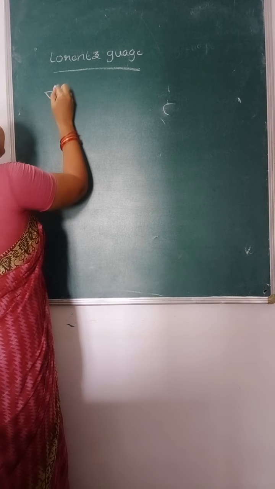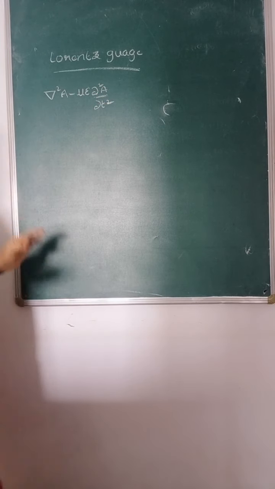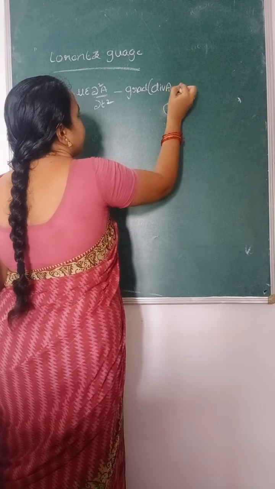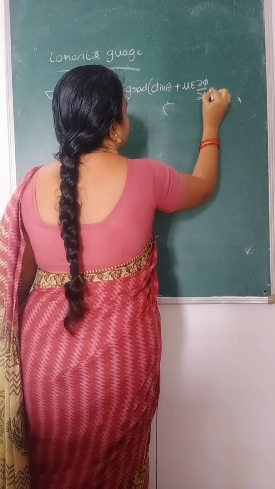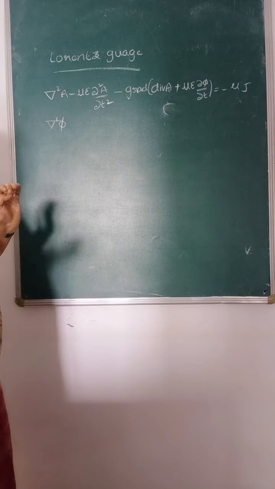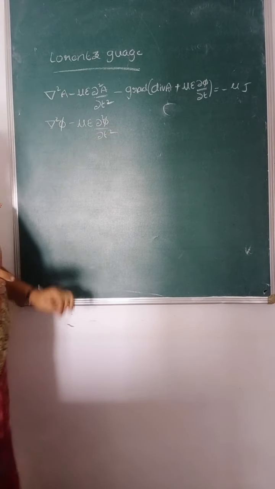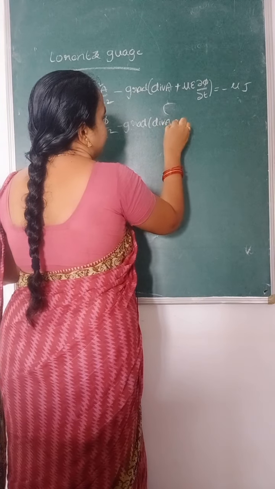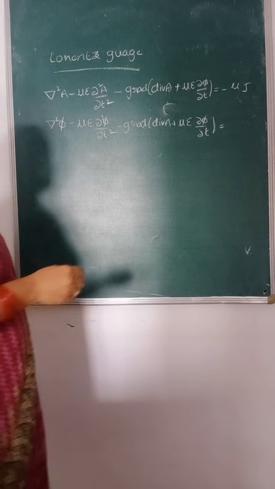The first equation is del square A minus mu epsilon dou square A by dou t square minus gradient of divergence of A plus mu epsilon dou phi by dou t is equal to minus mu J. And the second equation is del square phi minus mu epsilon dou square phi by dou t square minus gradient of divergence of A plus mu epsilon dou phi by dou t is equal to minus rho by epsilon.